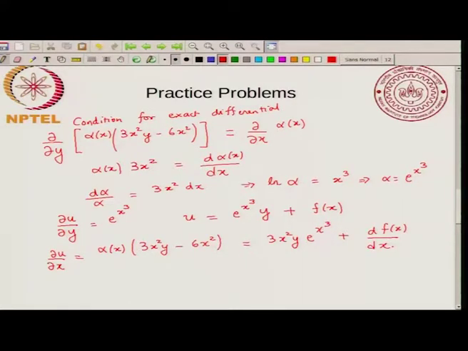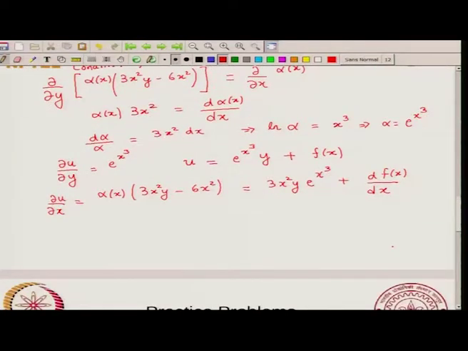Okay. So, this is equal to this term here. Now, alpha of x is nothing but e raised to x cube. So, what you will see is that these two terms will cancel, and what you will get is df by dx is equal to minus 6x square e to the x cube.